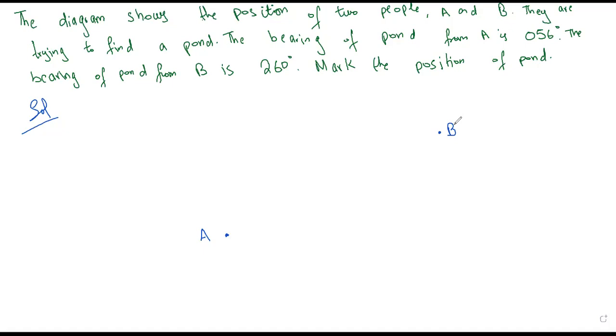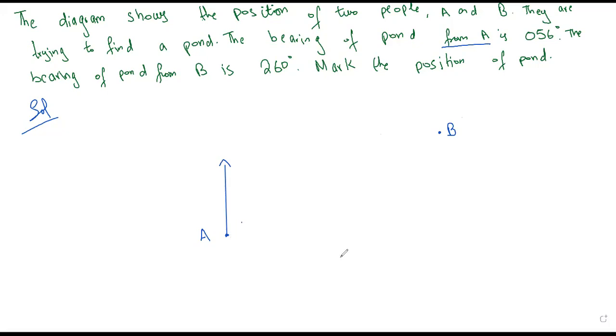Let's stop here and think about it. The bearing of pond from A. Okay, so the pond could be anywhere. From A means, let's say this is the north and the angle is 56.